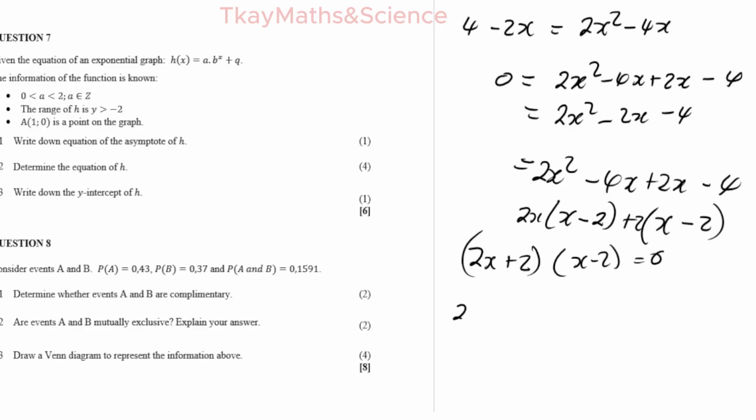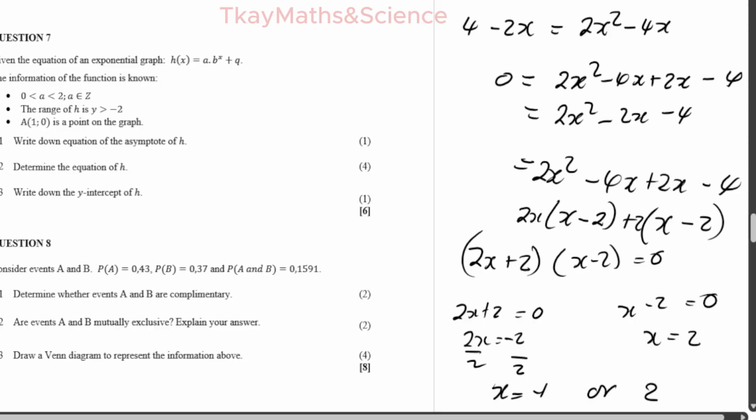So now we equate 2x plus 2 equal to 0, and x minus 2 is equal to 0. So now bring this on this side, minus 2 actually. Then x is equal to 2. Then here we're going to divide by 2. So x is equal to minus 1 or 2, right?